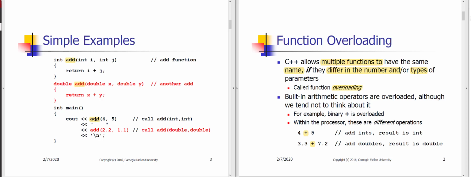So in this case, in main, the compiler will prefer to call the version of add that takes two int arguments because there's no converting that has to be done. Then later, if I add 2.2 and 1.1, the compiler will prefer to call the version of add that takes two double arguments.